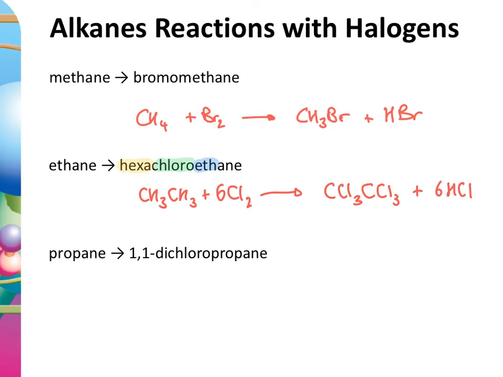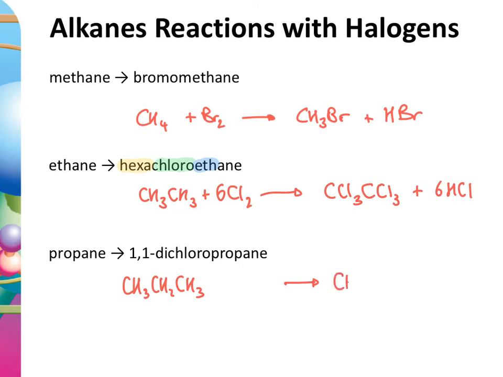Now we look at the final one at the bottom. We've got propane, which is CH3, CH2, CH3. And then they've given us the name 1,1-dichloropropane. So we've got to be careful about where we put our chlorines. The dichloro tells us it's 2 chlorines. The 1,1 tells us that they are both on the first carbon.